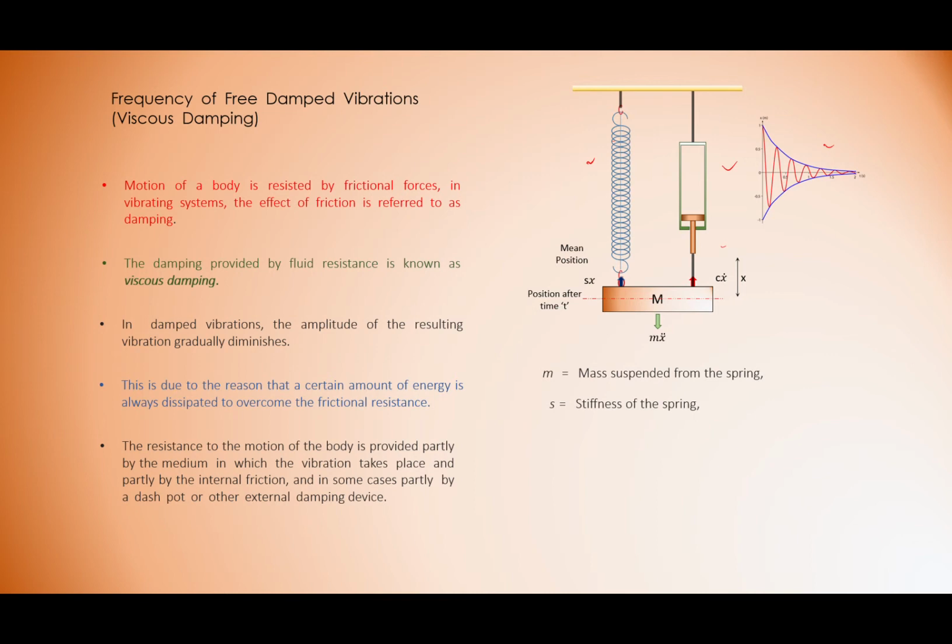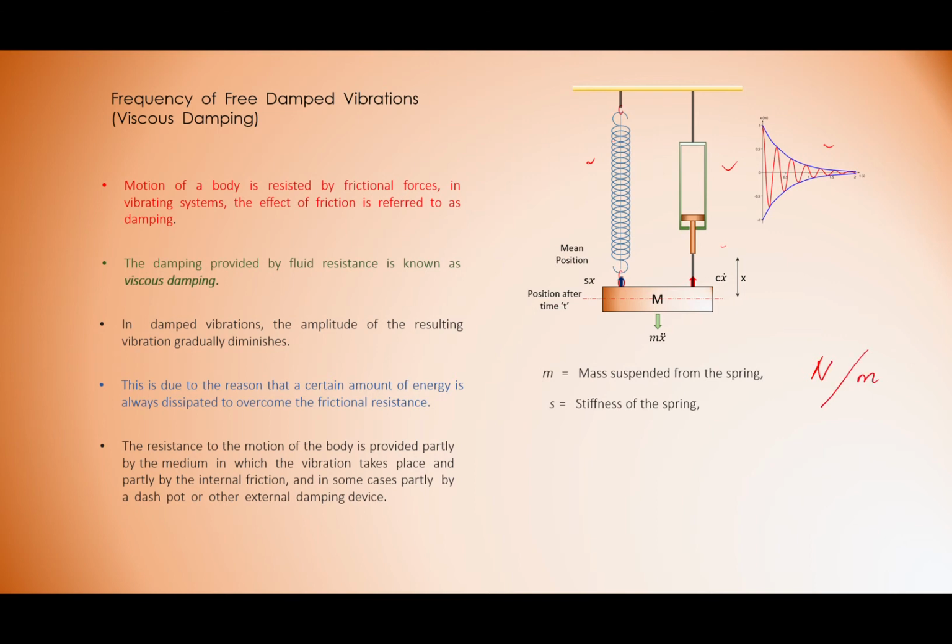The uppercase letter M is the mass of the object that is hung on the spring and the dashpot. S is the stiffness of the spring. Usually the unit of measurement for spring stiffness is Newton per meter.